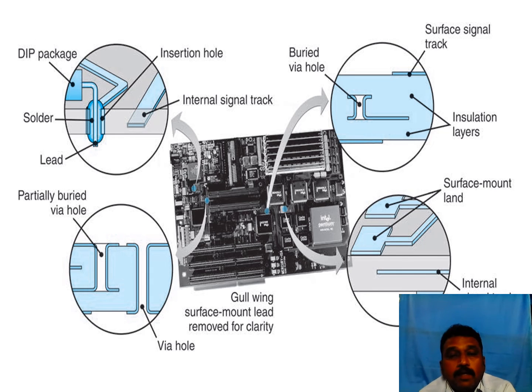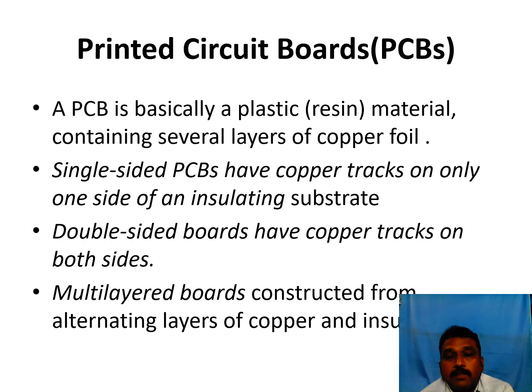In this area we have the DIP package, solder, lead, hole, and in this area we have the partially buried hole, gulving, as I told already, and then buried hole. You can see insulation layers, surface signal tracks. These are the tracks available, and the surface mount land, internal processors, those present in the IC, that's the PCB.